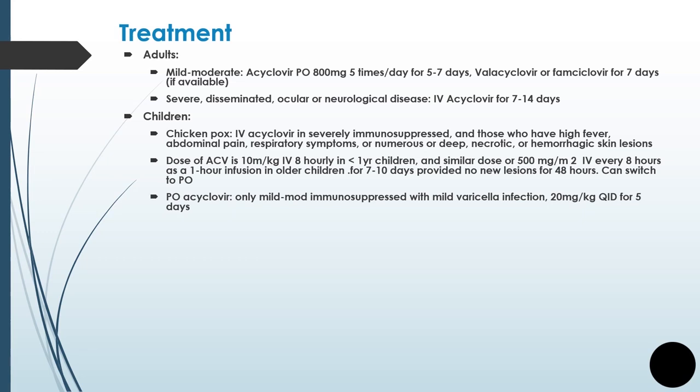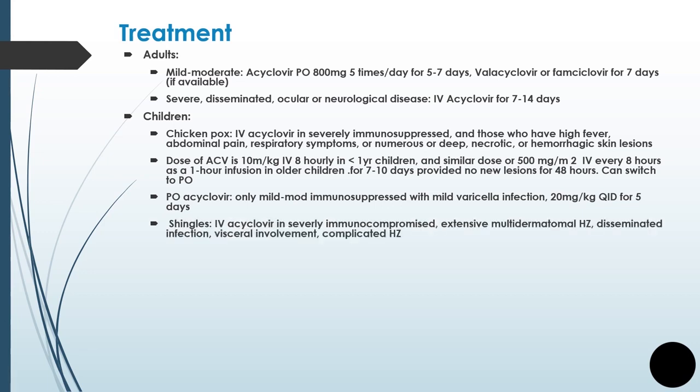It can be used in older children as well for 7 to 10 days. If the patient improves, the therapy can be switched to oral. Therapy should be continued for 7 to 10 days provided no new lesions have appeared for 48 hours. Only mild to moderately immunosuppressed children with mild varicella infection can be treated with oral acyclovir.